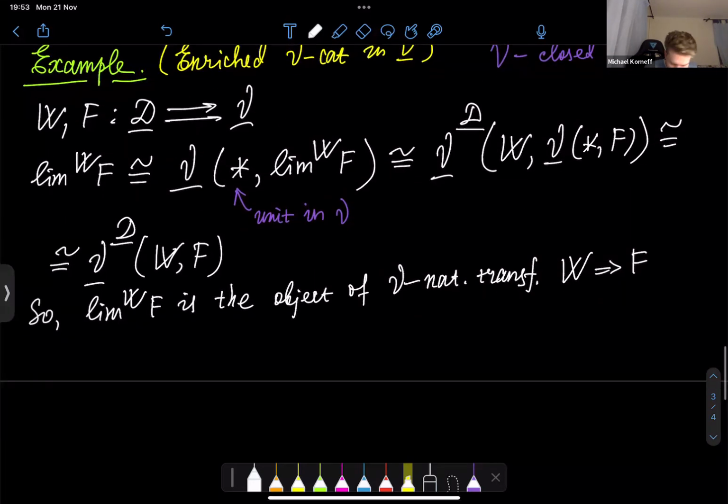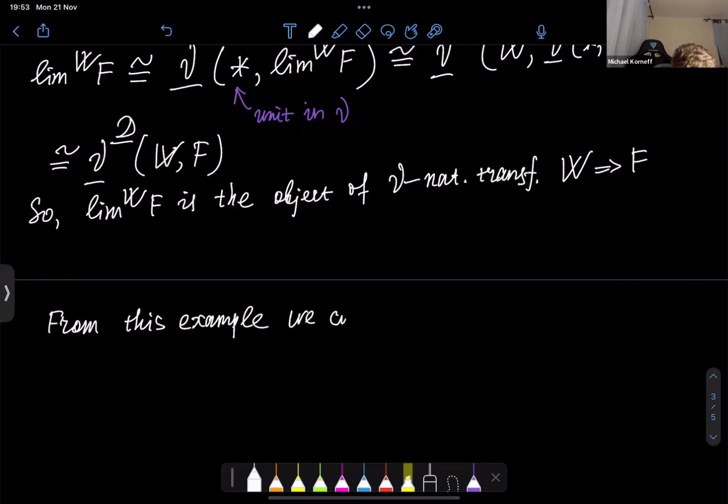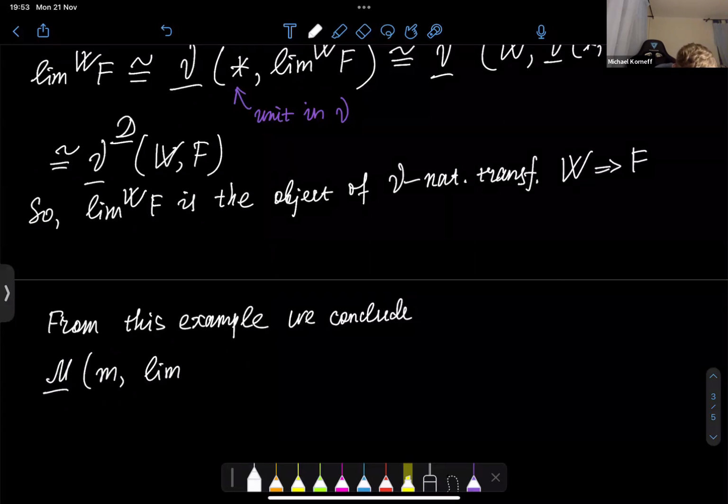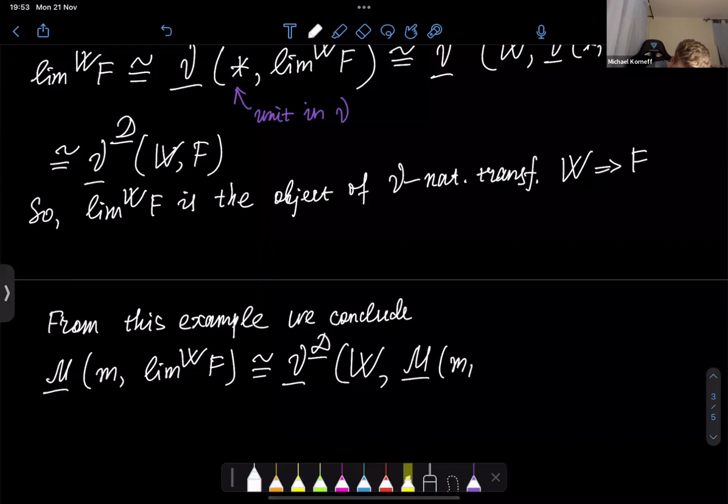From this example, we can conclude that the maps between an object from the category M and the weighted colimit is the same as this one.